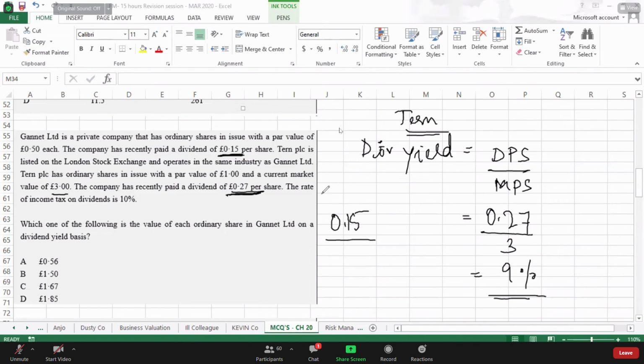Why are we dividing it by 9%? Now at least can anybody tell me? Why is there so much silence when it comes to business valuations? You're so active.